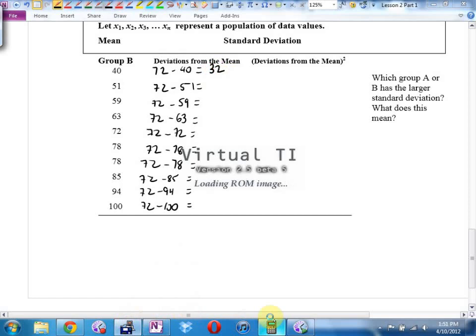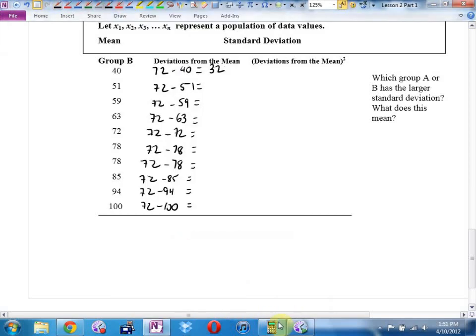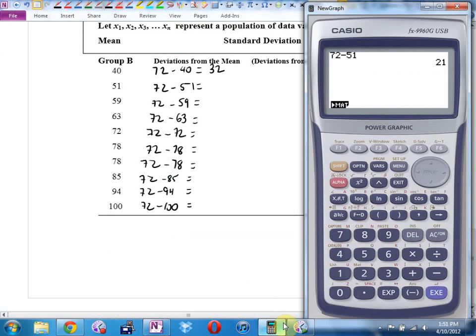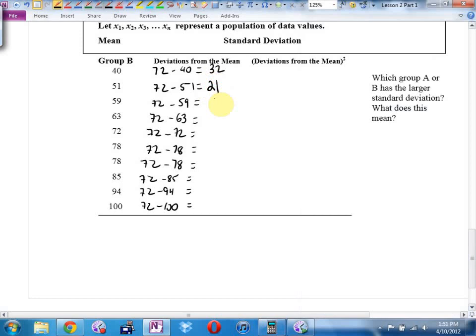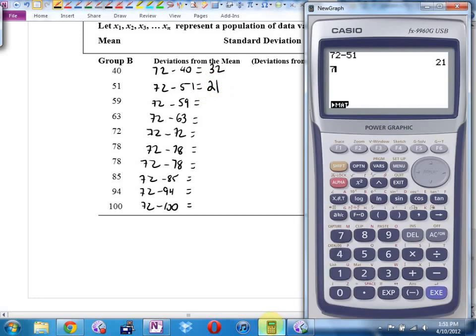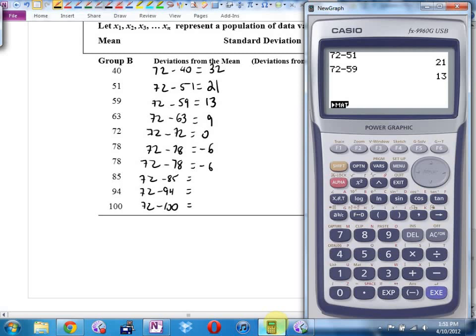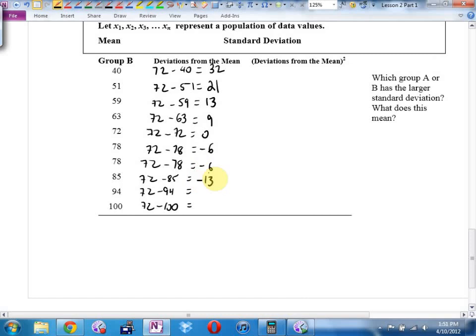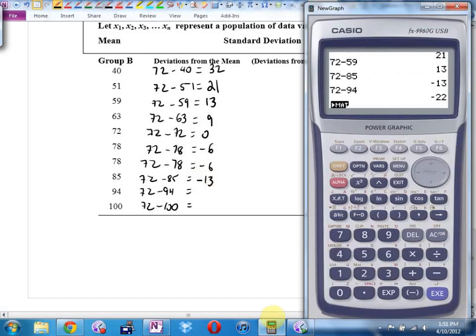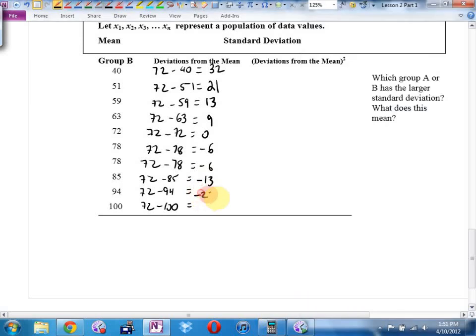Nope, wrong calculator button. 72 take away 51, 21. 72 take away 59, 13. 72 take away 63 is 9. 0, negative 6, negative 6. 72 take away 85, negative 13. 72 take away 94, negative 22. 72 take away 100. There's my negative 28.